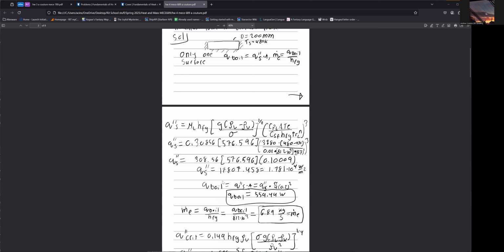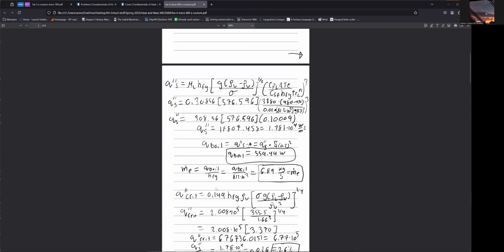And then times that by the area of the plate, which is a circle's surface area, you get the energy of boiling at 559.44 watts. And again, divide that by the heat of fusion to get the rate of evaporation.